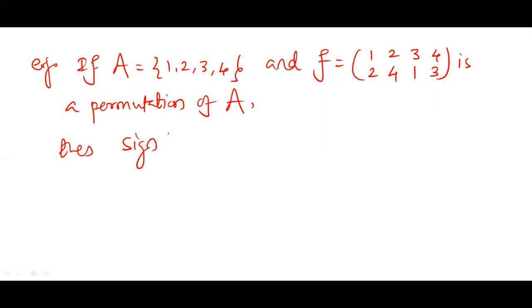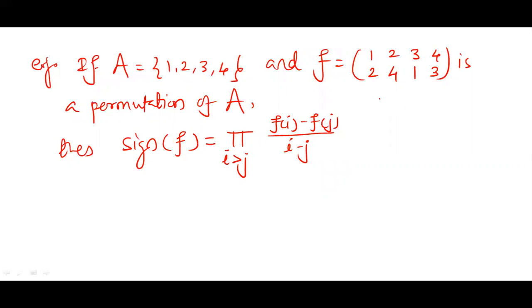Then signature of F is equal to product of (F(i) minus F(j)) divided by (i minus j) for i greater than j. Here you can say that if j is equal to 1, we have to take i as 2, 3, 4.